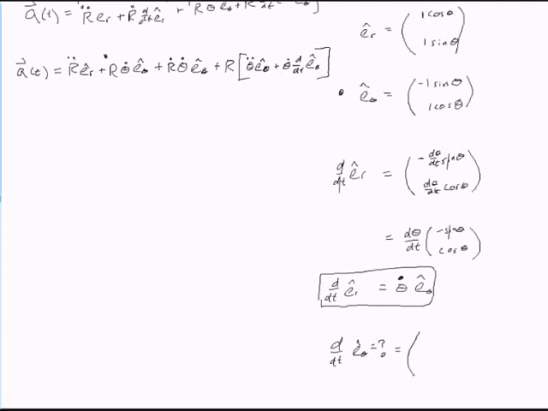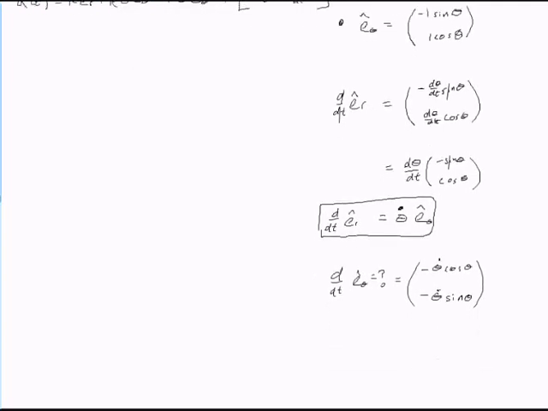So that's just going to be equal to minus theta dot cosine theta, and the y component is just going to be equal to minus theta dot sine theta. Alright, so we're almost done now.